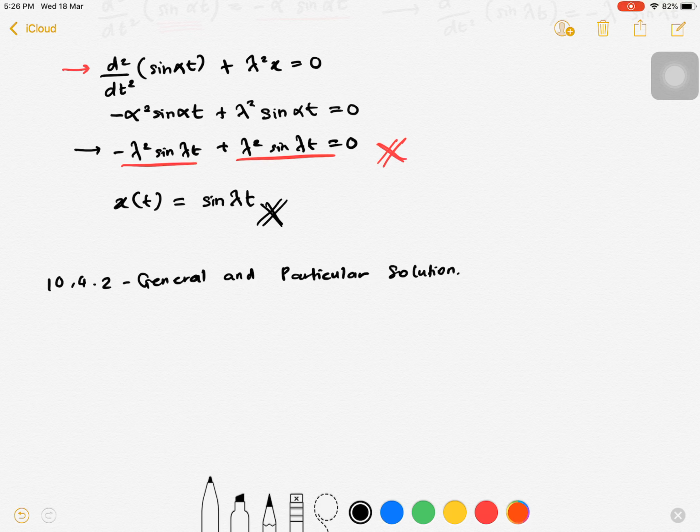So now we want to learn how to obtain general solution for ODE, for a differential equation.